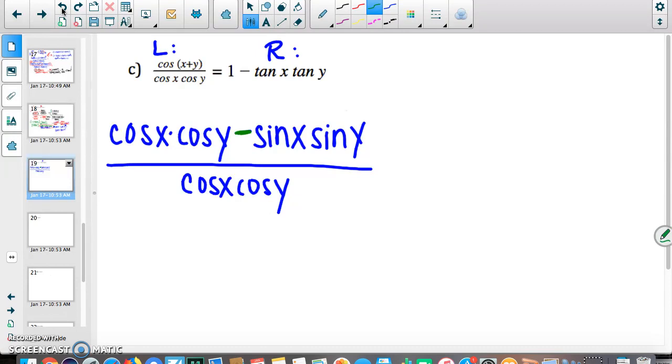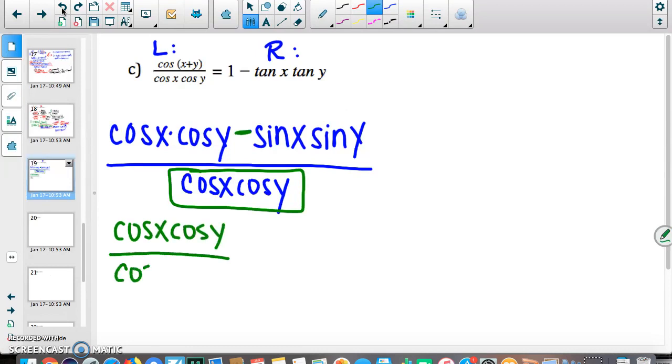So that's kind of frustrating, but let's try to think, can I factor anything out? Nope, in my numerator, I have no common terms. So what we want to do in this case is split up our common denominator. So oftentimes we try to get a common denominator. Now we're going to break it apart. So that means just putting this over the denominator and my second term over the denominator.